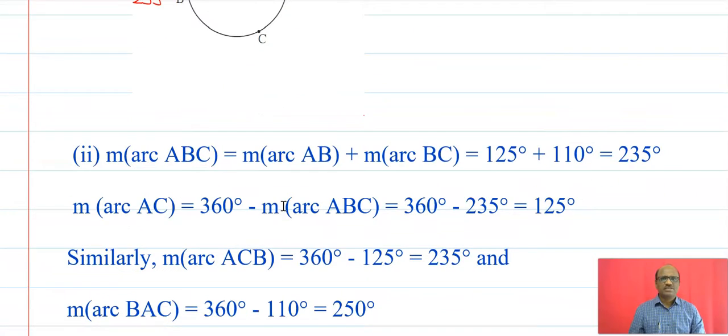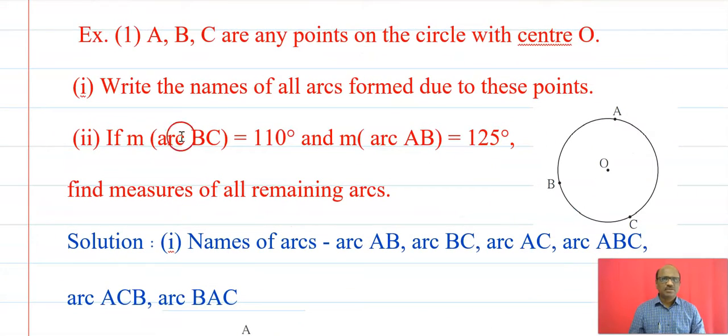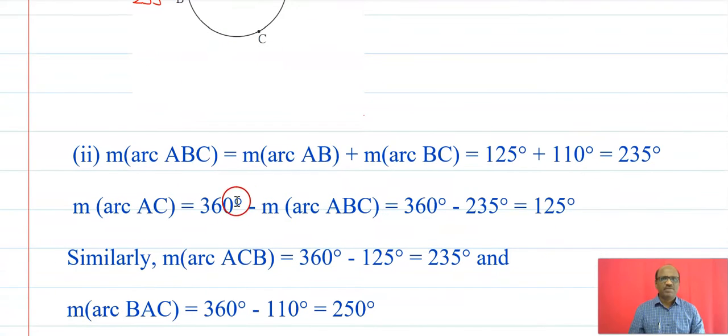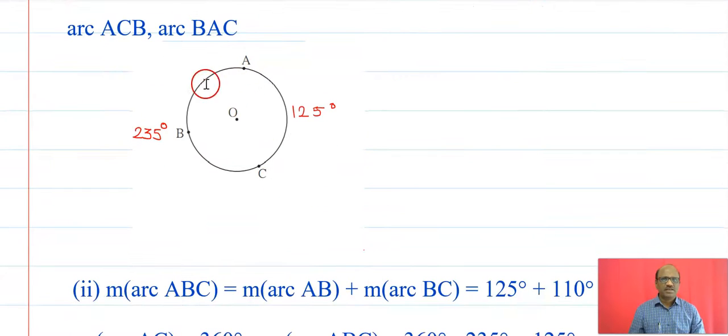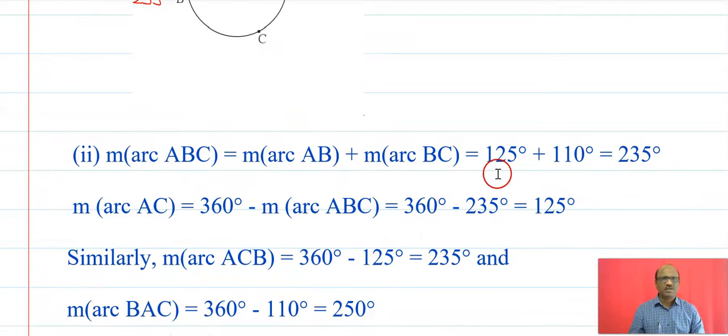Now the next question: if the measure of arc BC is 110 and the measure of arc AB is 125, then we will find the measure of all the remaining arcs. First, the measure of arc ABC equals the measure of arc AB plus the measure of arc BC.